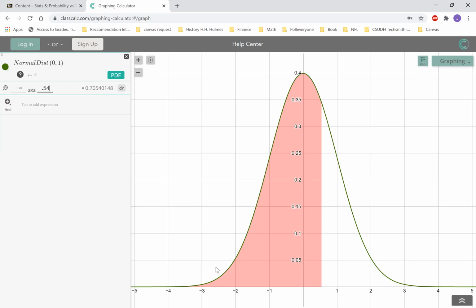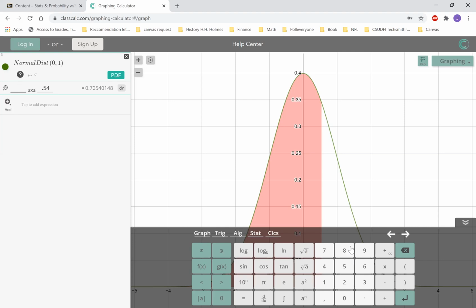How did you get the negative infinity symbol? It was already there for me, but let me see, there should be a button. Let me check my phone. Cool.